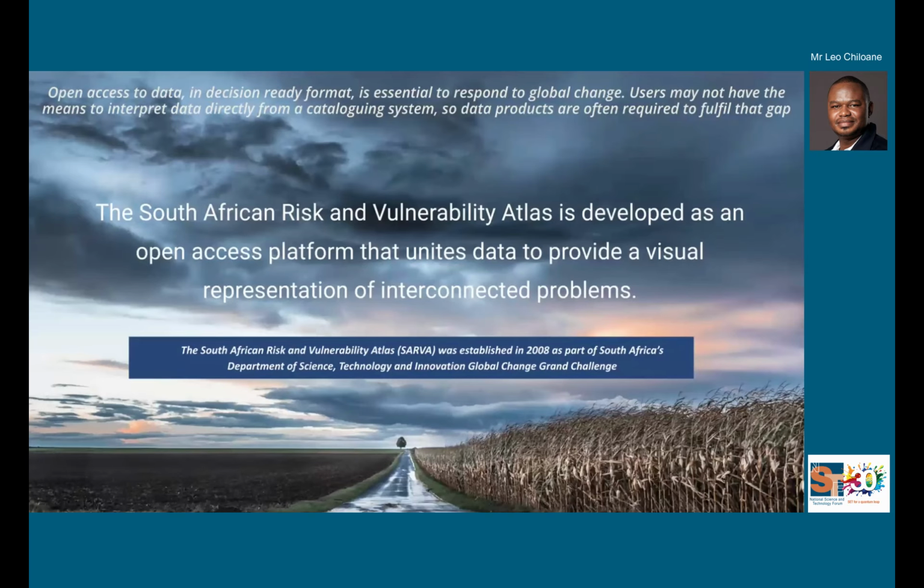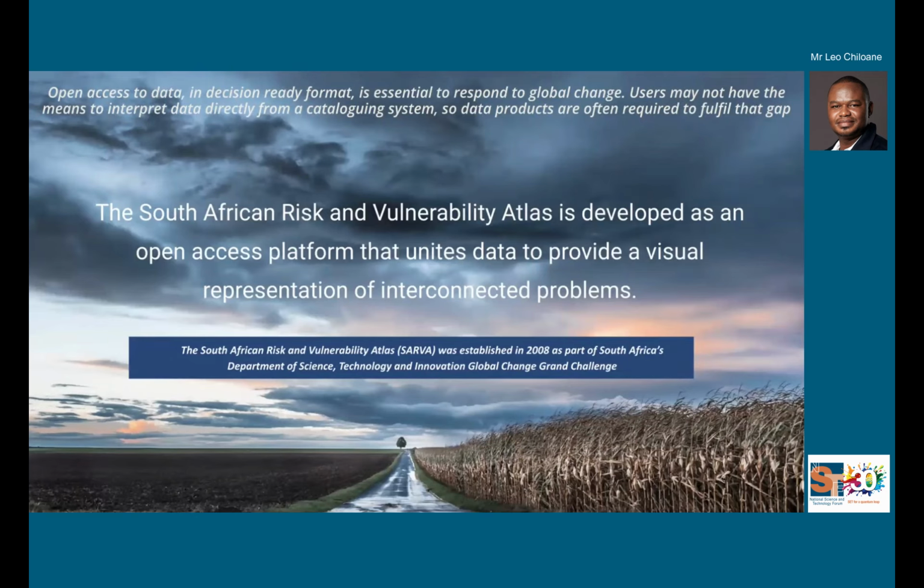So because we host data, what we often find is that local stakeholders need some level of interpretation of that data as well. So on top of the core data system, we manage the South African Risk and Vulnerability Atlas, which is also an open access platform that unites data to provide a visual representation of interconnected problems.